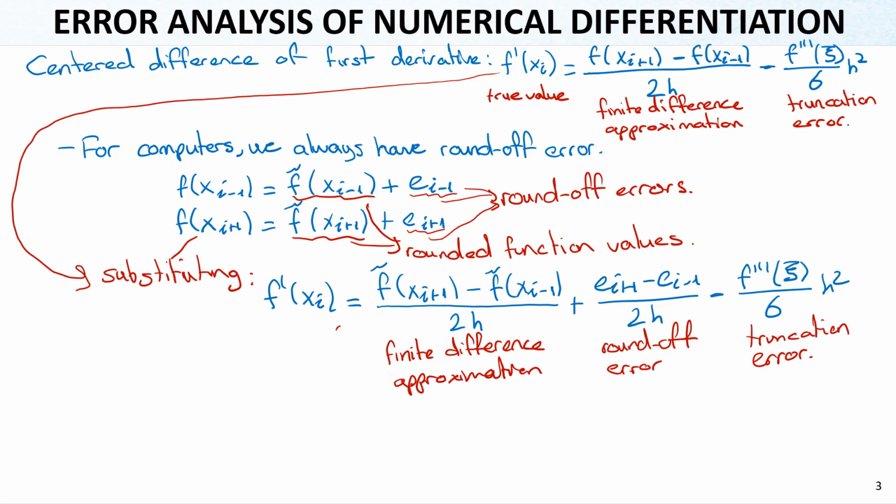We will just have the round-off error representation of the function values and write them here and get the combined round-off error and truncation error expressions of the derivative, for example. This can be used for any kind of approximation method. This was only shown here for the centered difference approach. You can use this for forward difference, backward difference, or Taylor series, doesn't matter. You can use this for any of those.